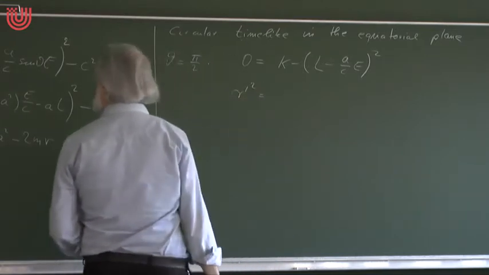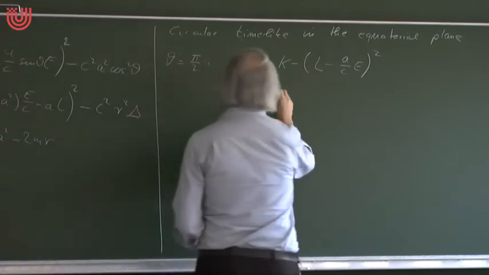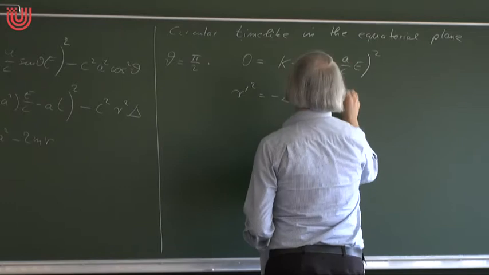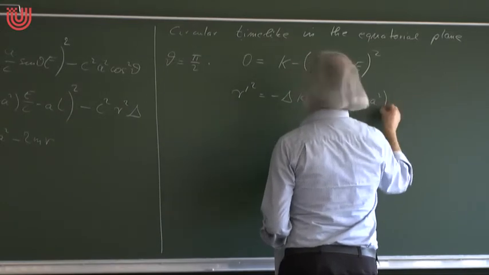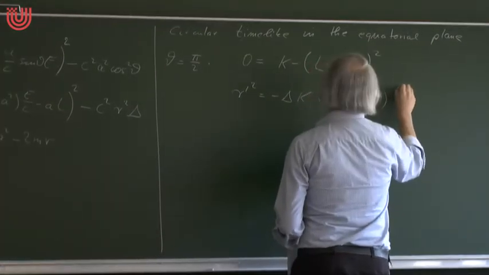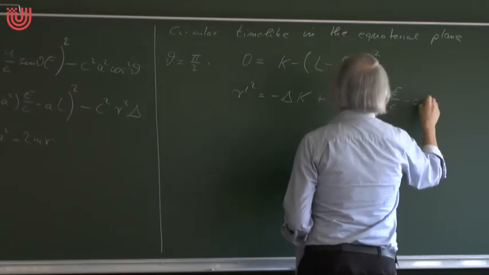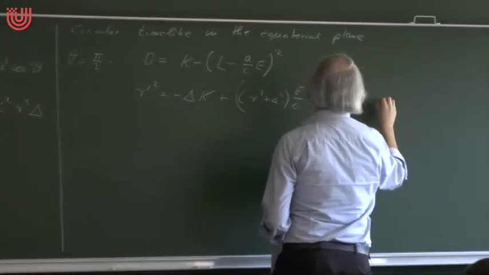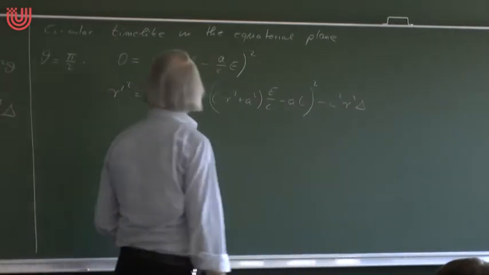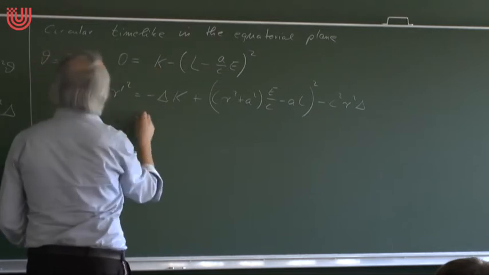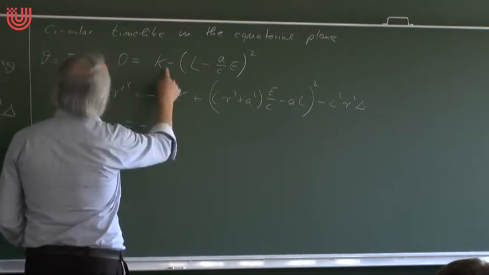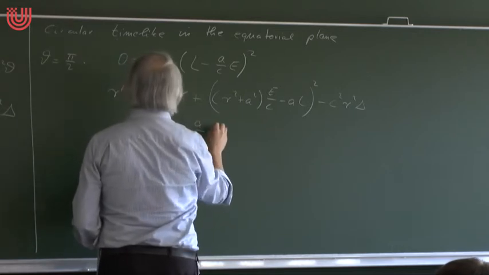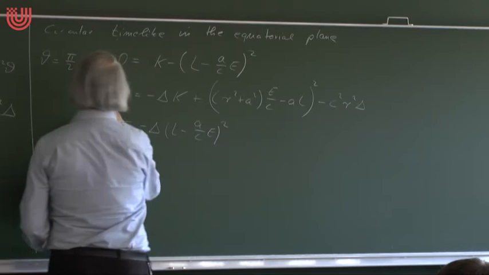r prime squared is minus delta k plus r squared plus a squared, E over c, minus a L, squared, minus c squared r squared delta. And here I can insert this expression for k. So k is this bracket, L minus a over c E, squared. So this is r prime squared.